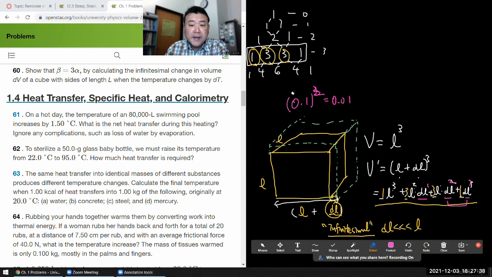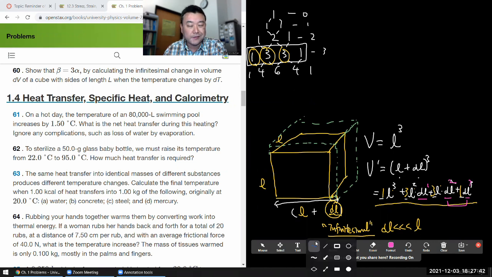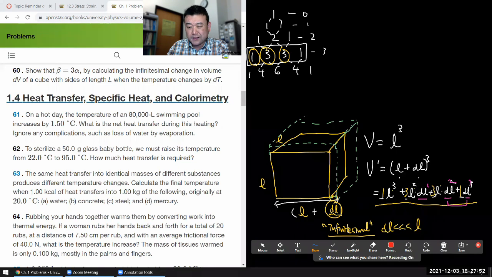So now we might call this an approximation without introducing calculus concepts. We could approximate this expression by saying, oh, these dl squared, dl cubed, they're going to be so small that we can ignore them, and approximation is fine. The one challenge is that it's an approximation, so it has some error associated with it.